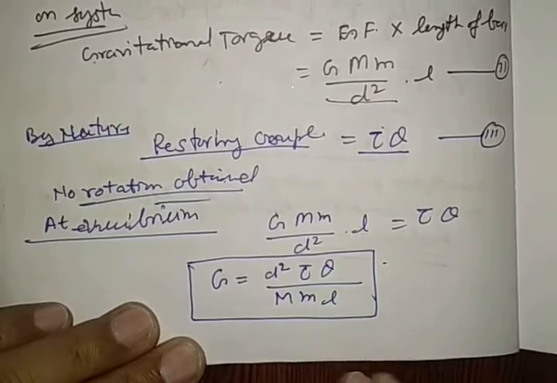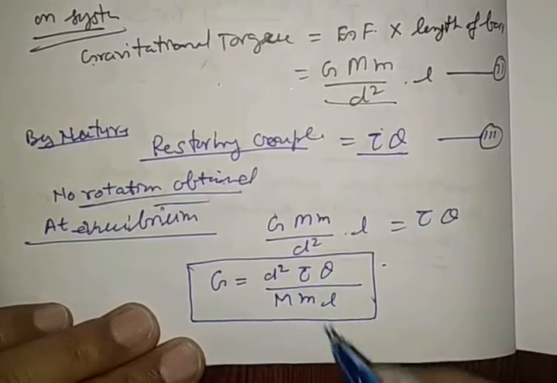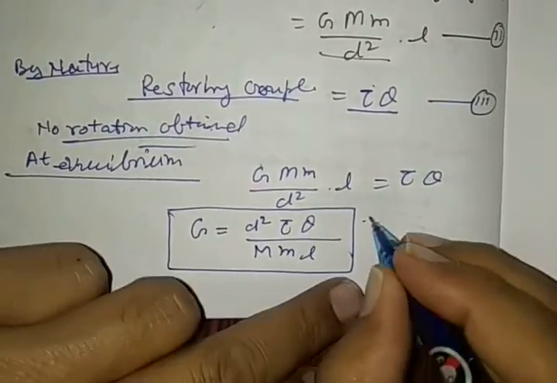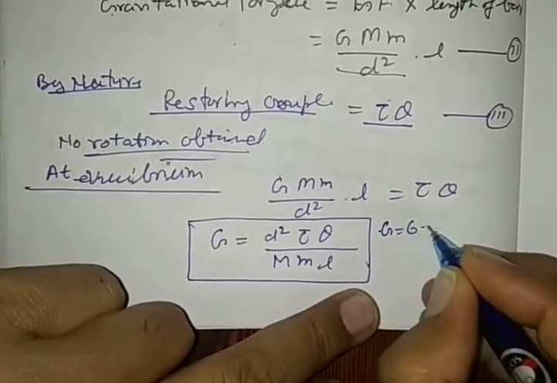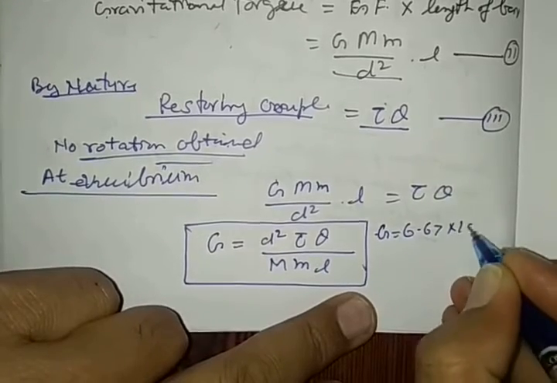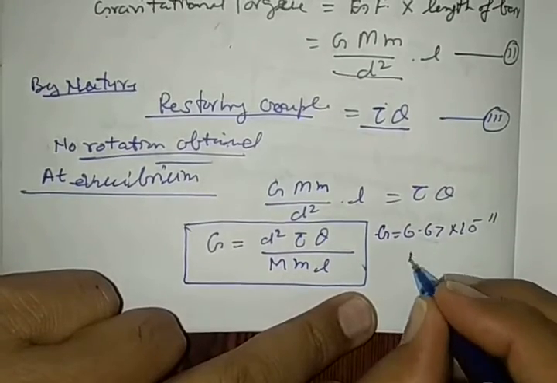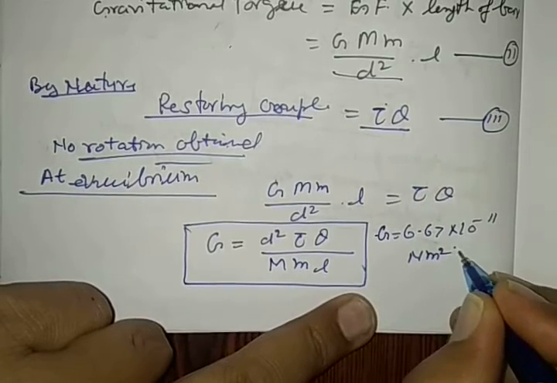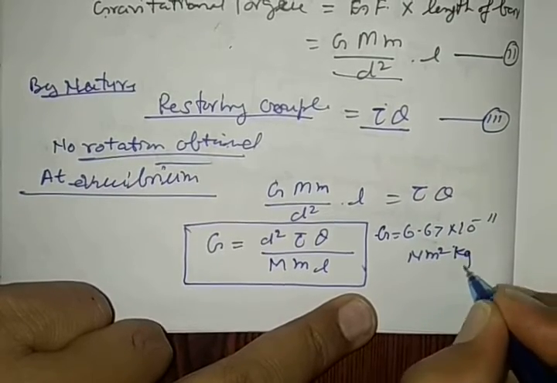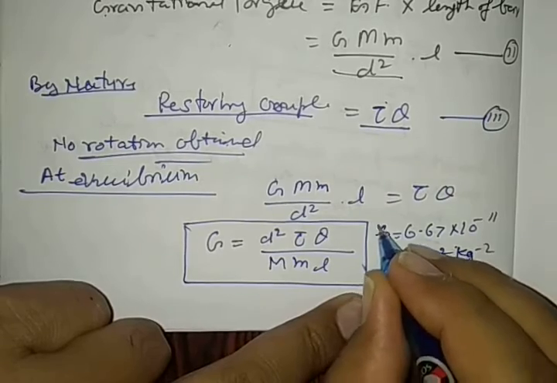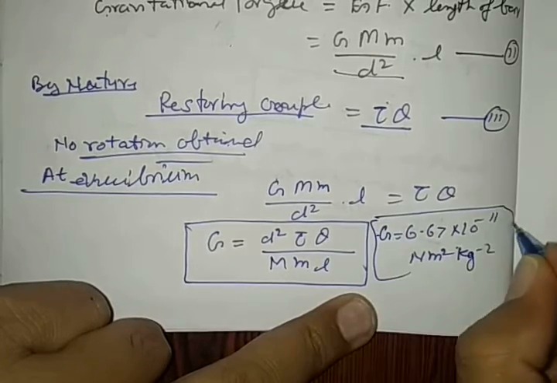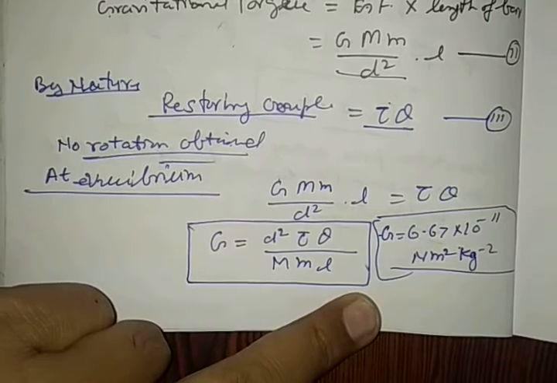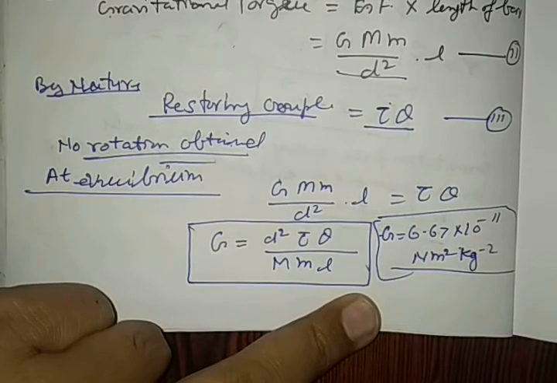All the values were taken into consideration and put in the formula. And by calculating this, obtained G = 6.67 × 10^-11 Newton meter square per kilogram square. It is obtained mathematically. So that was the experimental determination of the gravitational constant.